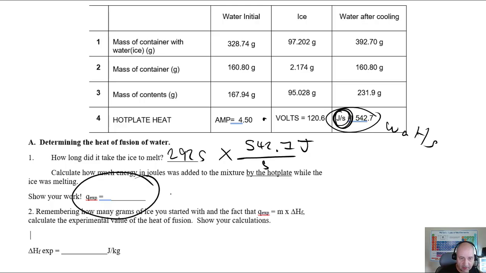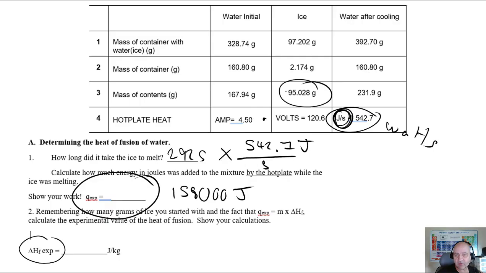So this will give me 158,000 joules. That's large. And so to get the delta H of fusion, I divide this energy into the mass of the ice. Of course, here I have kilograms, so I have to convert that.